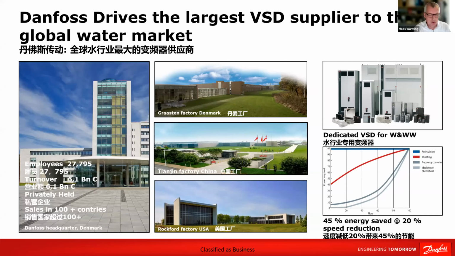Without spending too much time on that, one of the divisions at Danfoss makes what we call variable speed drives, which is basically an electronic unit that means you can regulate motors, blowers, mixers, and all the equipment in the water industry.